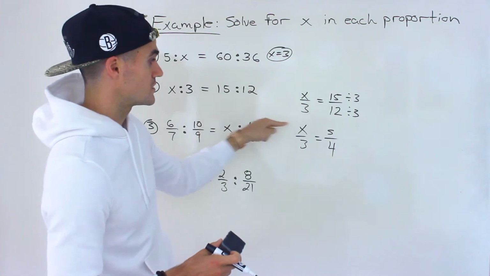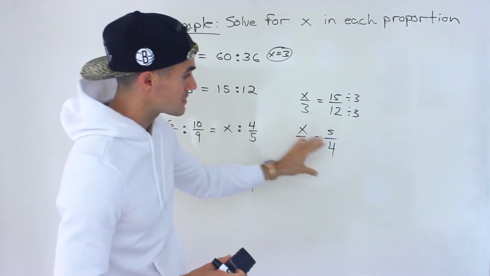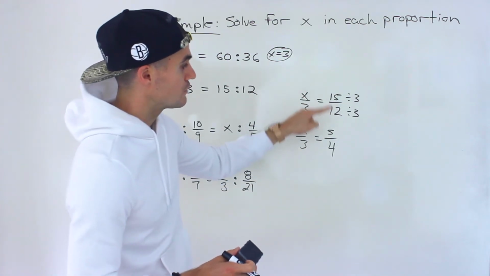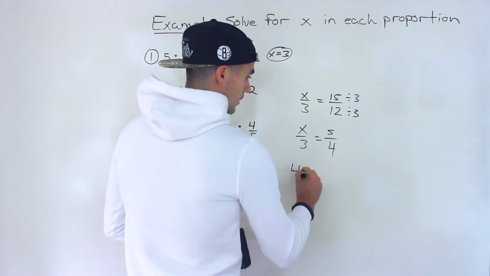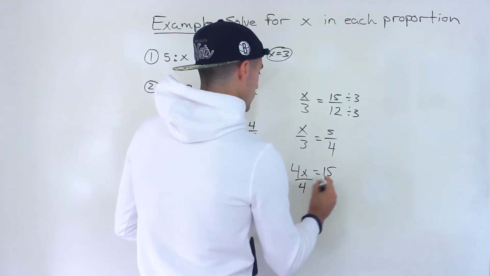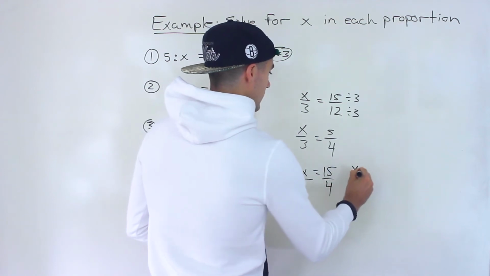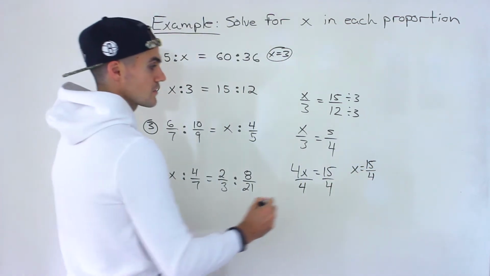So you could see what the denominators would have to be. It was easy to get the x value, but here we're still going to have to cross multiply even after simplifying the fraction. So we'll have 4x equals 15, divide both sides by 4, and so x would end up being 15 over 4. So that would be the answer.